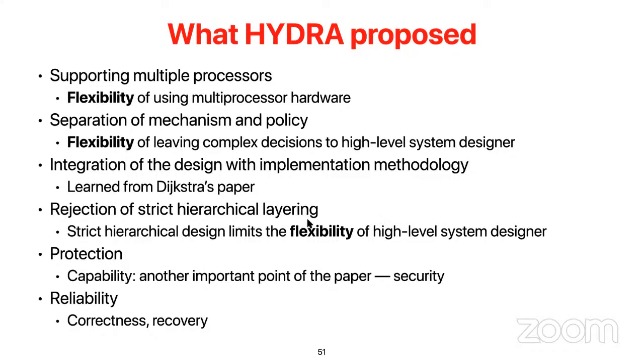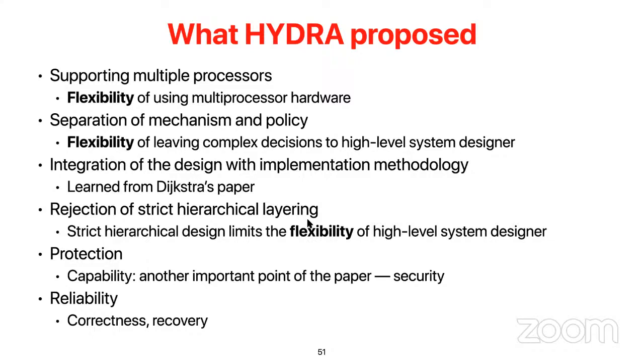And you can see they care about flexibility in many ways. They want to support multiple processors so that you have the flexibility of using multiprocessor hardware. They separate the mechanism and policy for flexibility's perspective. And they have the protection and the reliability for the security. So that's what the paper proposed.